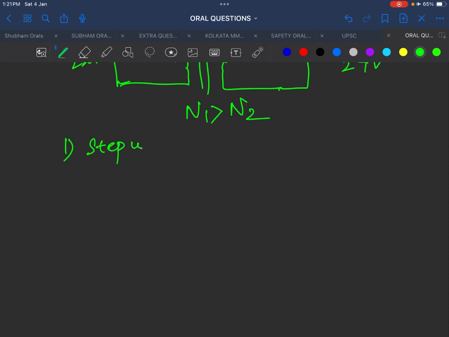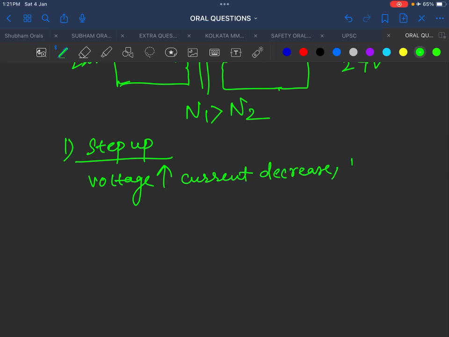Step up: voltage increases, current decreases, power same.